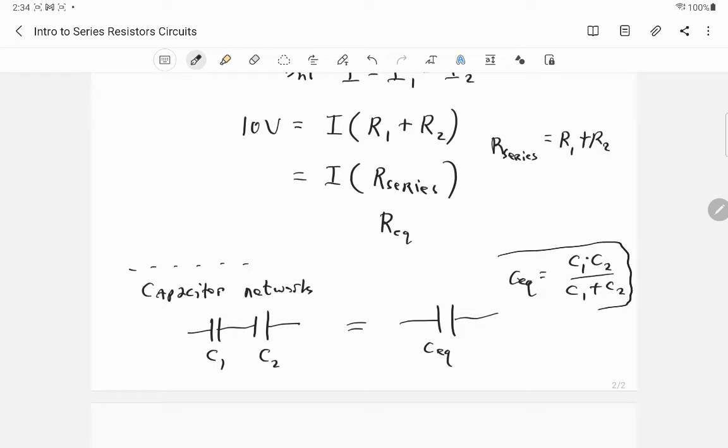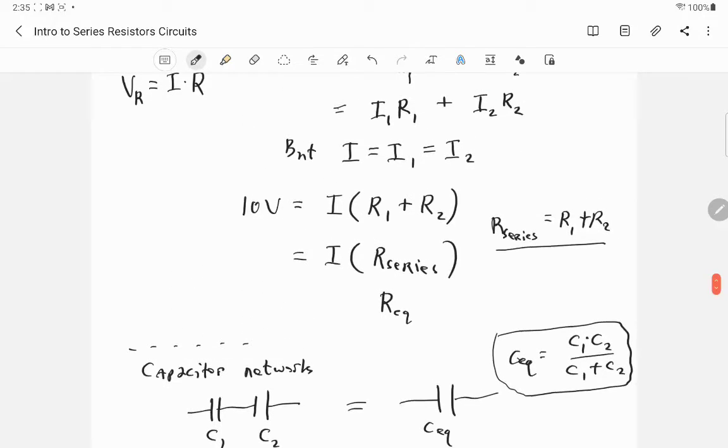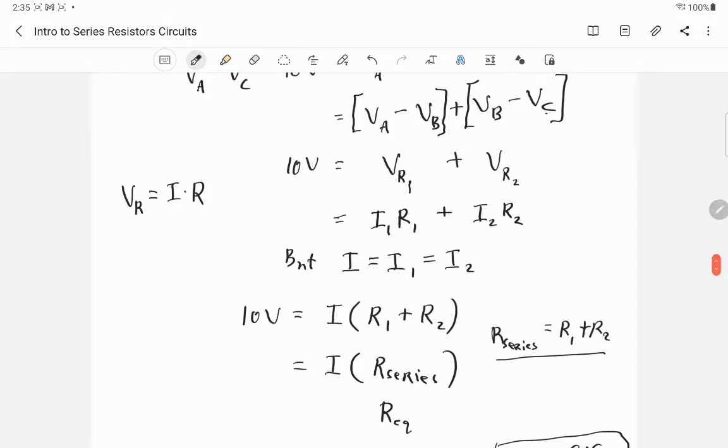There was this very strange way that the capacitances combined when capacitors were in series. But resistors, when they're in series, they add together. Okay, so, all right. So that's the series resistance.